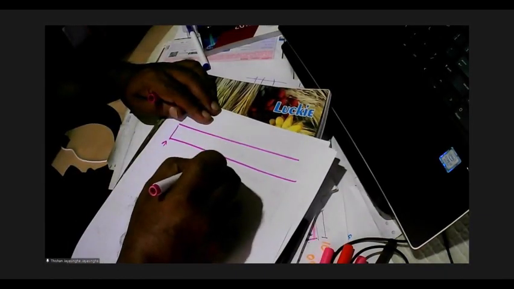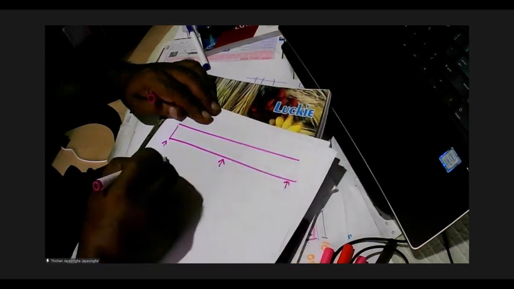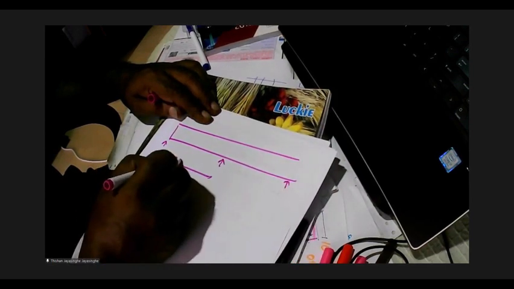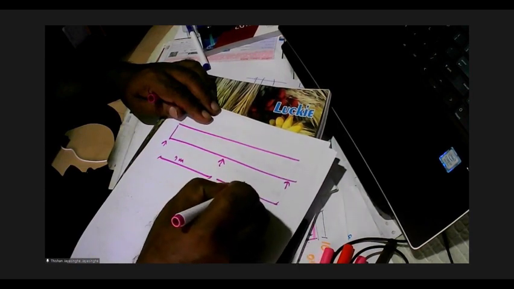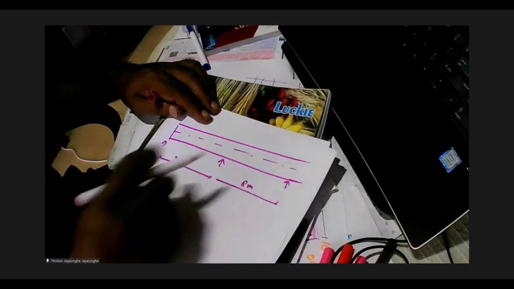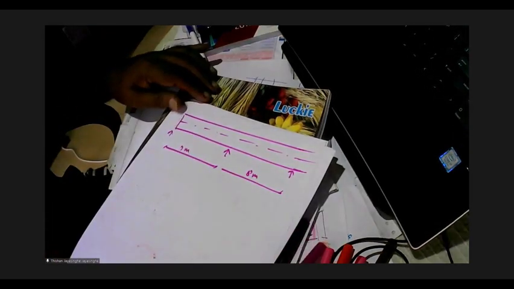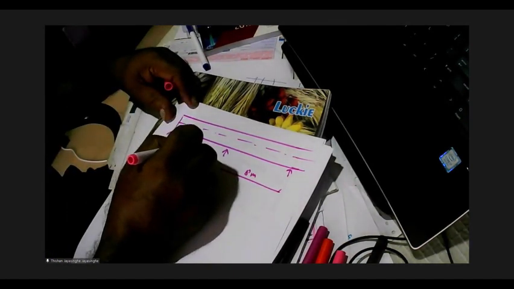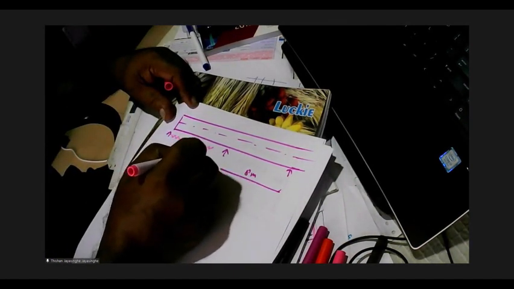So we have to now look at the situation. So here we have a beam. Seven meters, 8 meters. So here we get 4.